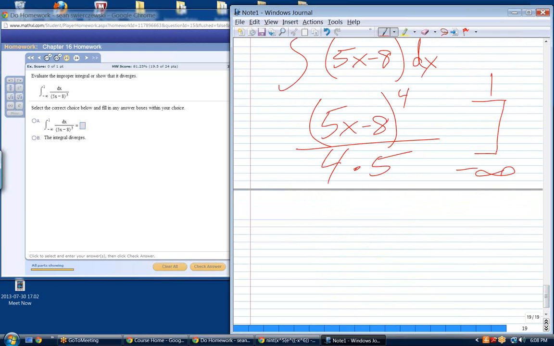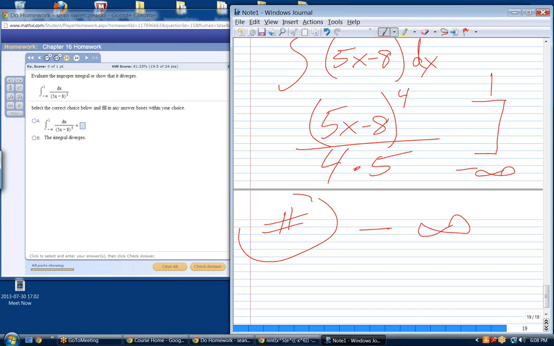When I evaluate it at 1, I get a number. When I evaluate it at negative infinity, what am I going to get? Plug in infinity for x, or negative infinity for x. Yeah, so it'd be a number, infinity?